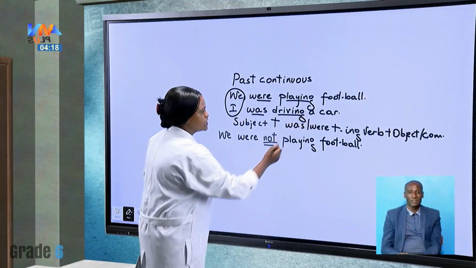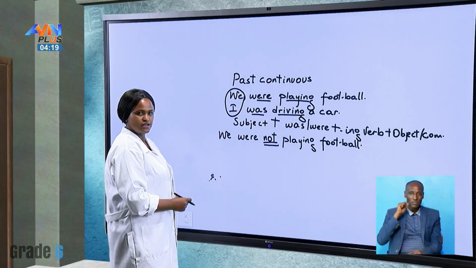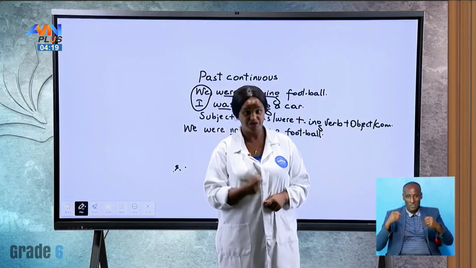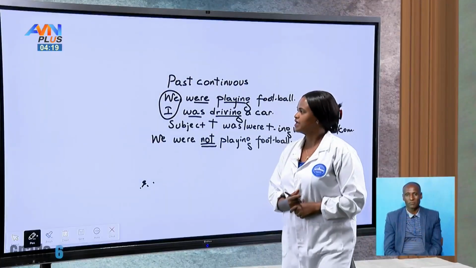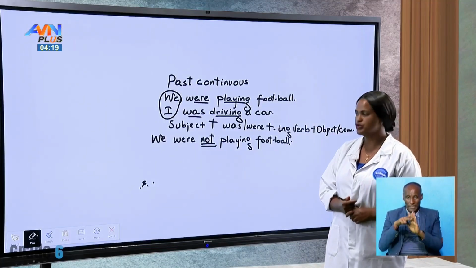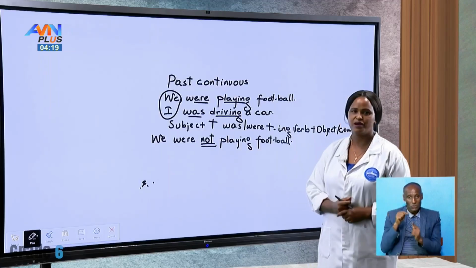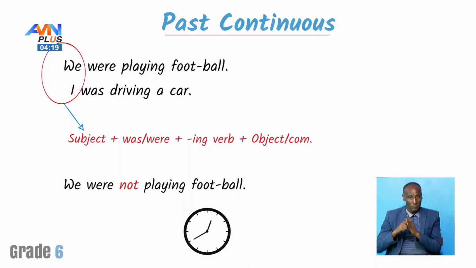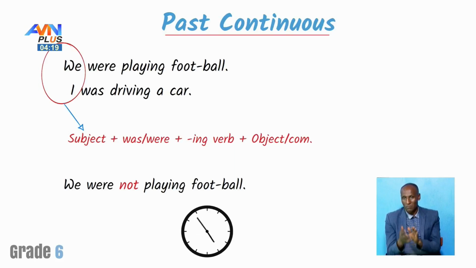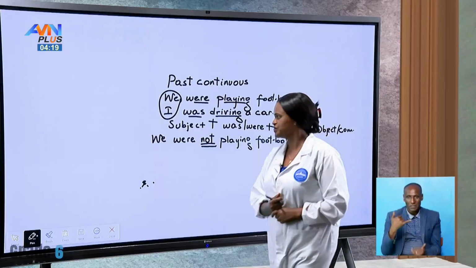How about this one? I was driving a car. Let me give you a few seconds and try it. How can you make it negative? Just to remember, you can look at the first sentence above. Okay, now let's do it together.